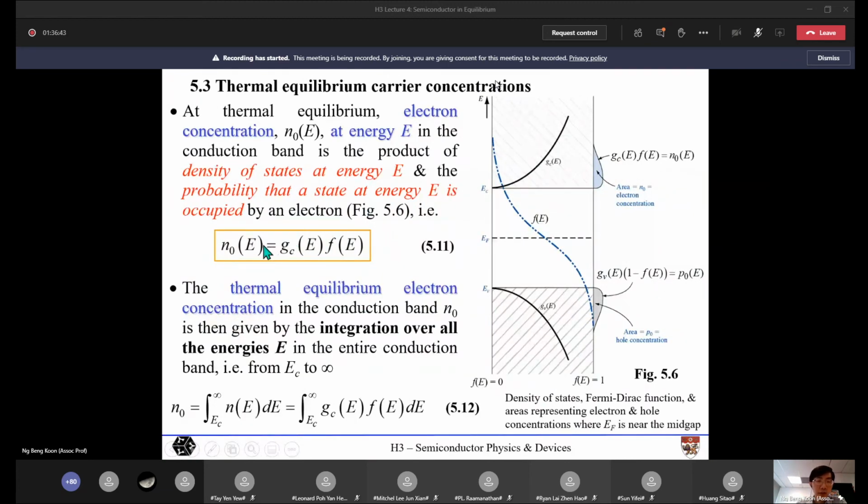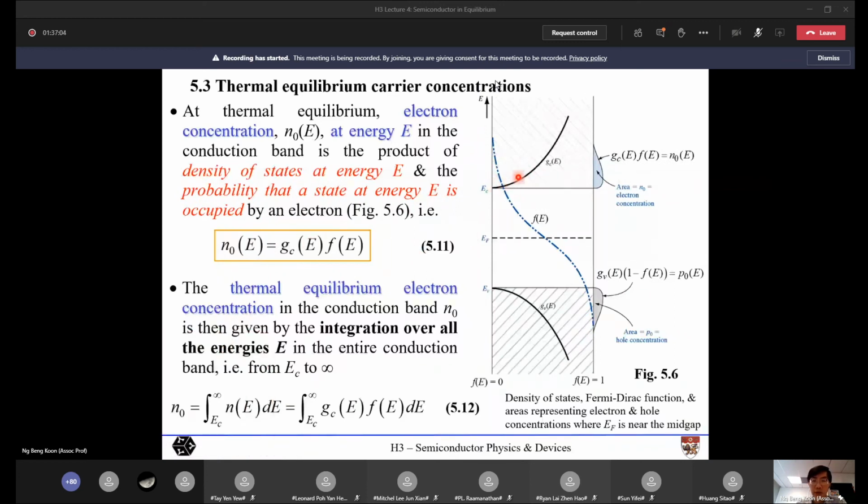So to find the distribution of electrons at the various energy levels, we multiply the density of states, GC of E, with the Fermi-Dirac distribution function, which tells us the chance of finding an electron at that energy level.